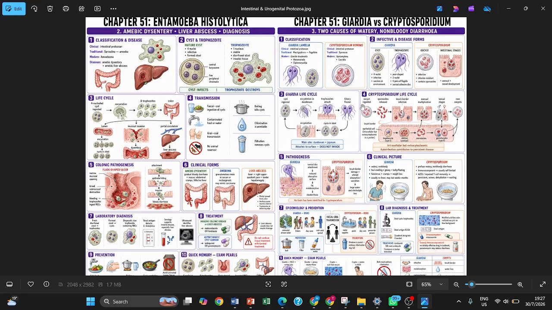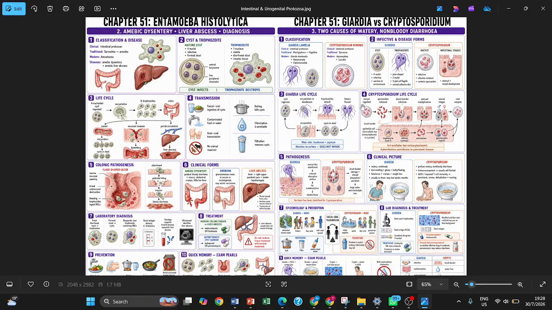Pardon me, I'm not a native English speaker. The type two merozoites can give rise to gametes, which fuse and form a new oocyst, which is then excreted, and then the life cycle happens again.